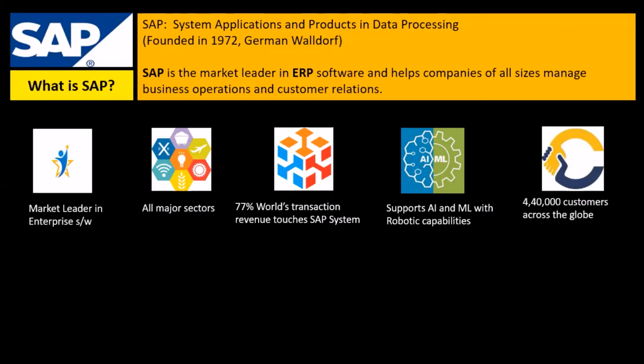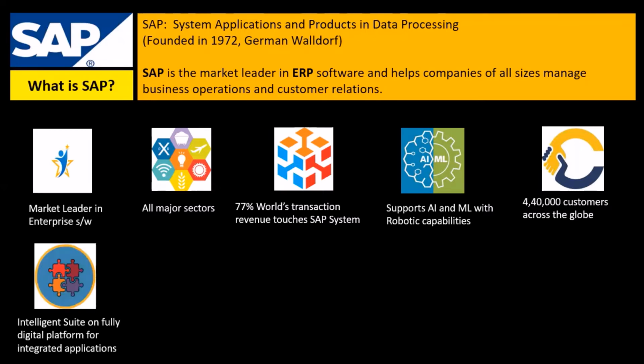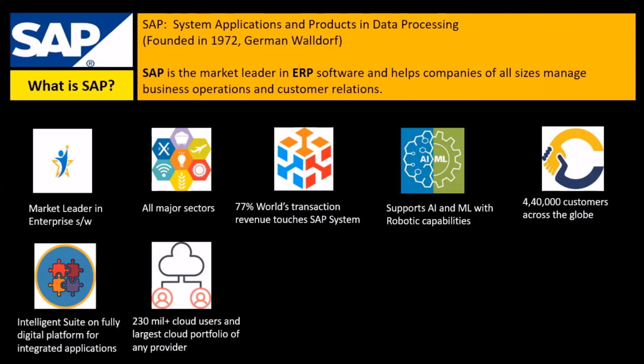It has more than 4 lakh customers around the world. It supports an intelligent suite on a fully digital platform for integrated applications. It has 230 million plus cloud users and the largest cloud portfolio of any provider.